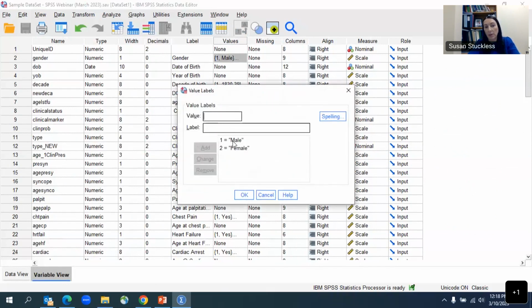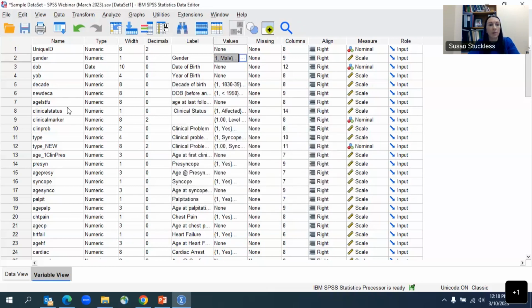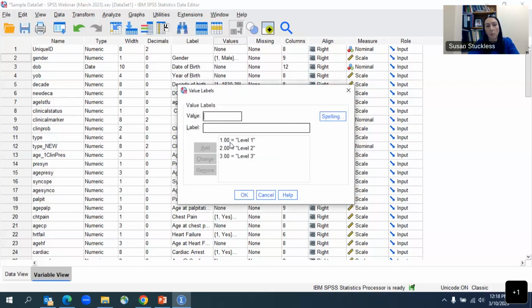You would code, in my situation, male as 1 and female as 2. When you're running some analysis, it's important to go back and make sure you understand how you coded it, because it matters when you read the output. Another category, like I said, would be the clinical marker. So 1 is level 1, 2 is level 2, 3 is level 3, that type of thing.